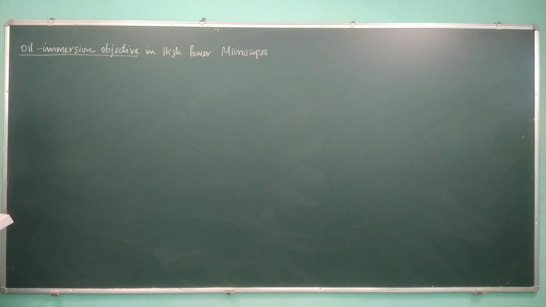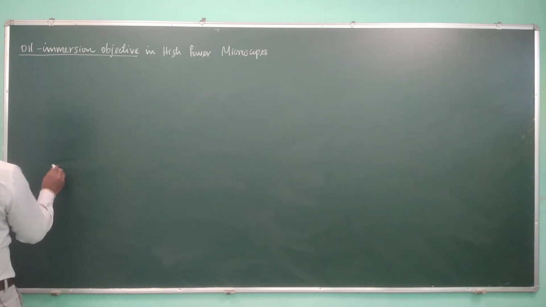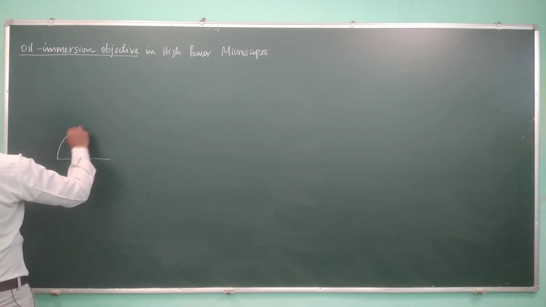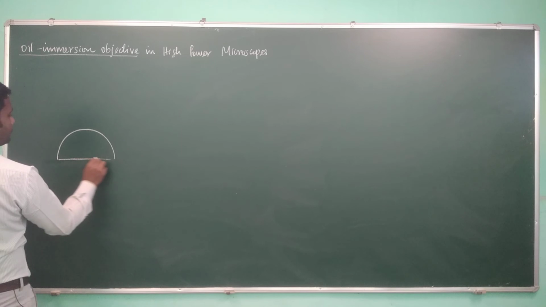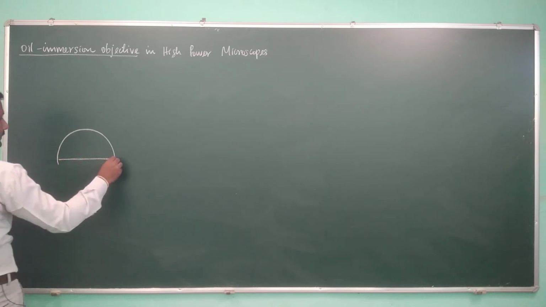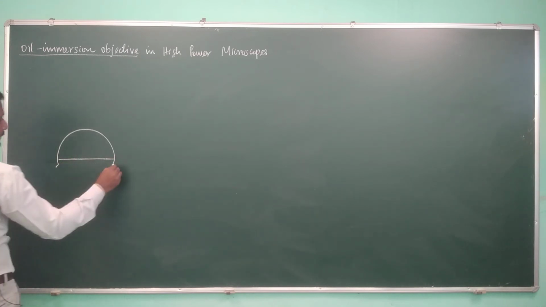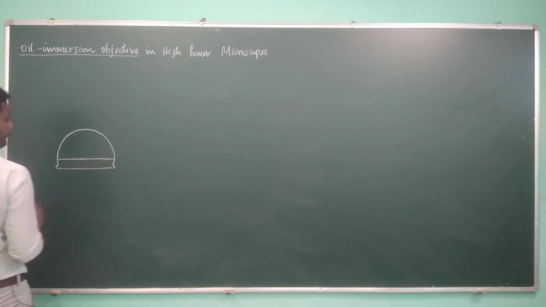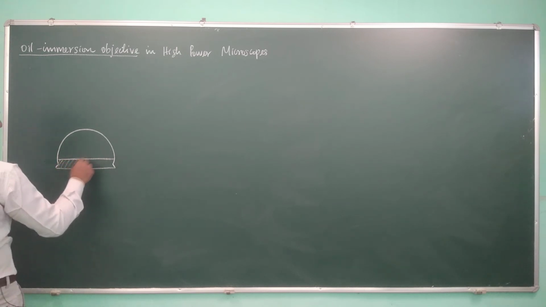Well, we will see how this works. Let's draw a diagram first. Let us consider a hemispherical lens, and this lens is placed on an oil.